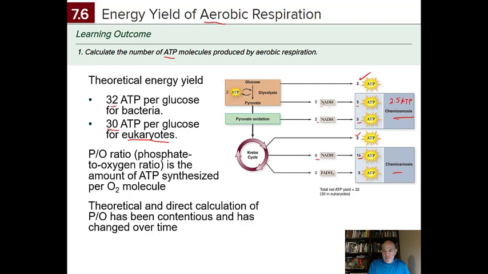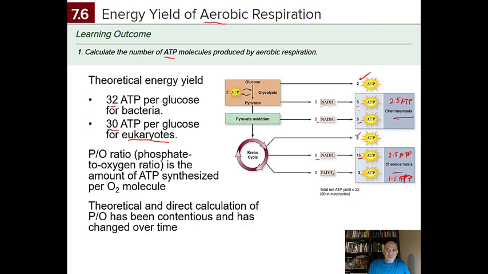That ratio is still the same here, 15 for every 6. 15 divided by 6 is going to give you 2.5 as well, so it's the same ratio. So you get about 2.5 ATPs per NADH. For FADH2, it's less. The ratio is 3/2, which is about 1.5 ATPs per FADH2 molecule.